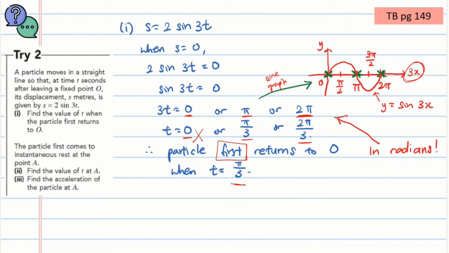I want you to also notice that in my calculations, I have been using radians for my time value. It doesn't make sense for us to use these numbers in degrees, because time can't be in degrees. Time is measured in seconds, minutes, hours, and all that, but it can't be measured in degrees.